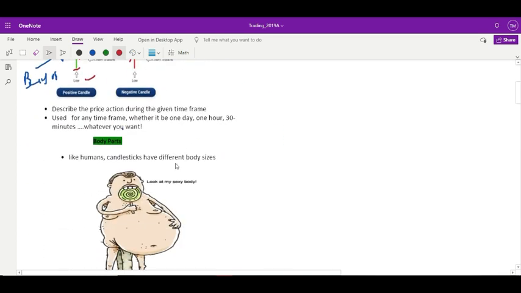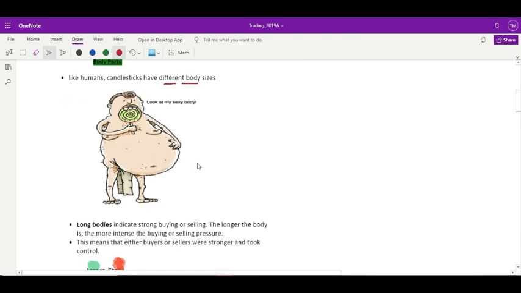So these candlesticks are like humans in general, right? They have different body sizes. The different body sizes also talk about, if someone has got a big body, it talks about the eating side of that person.